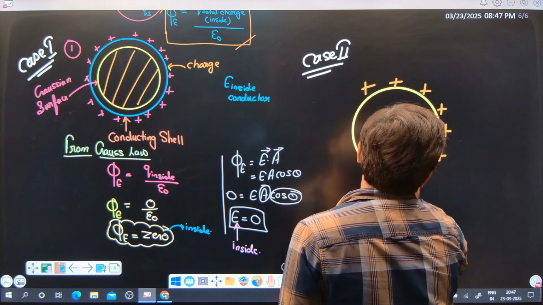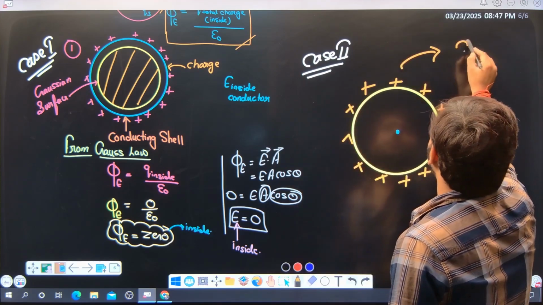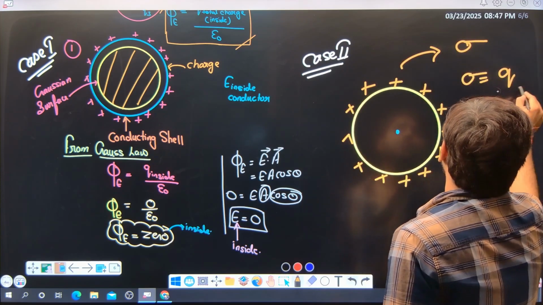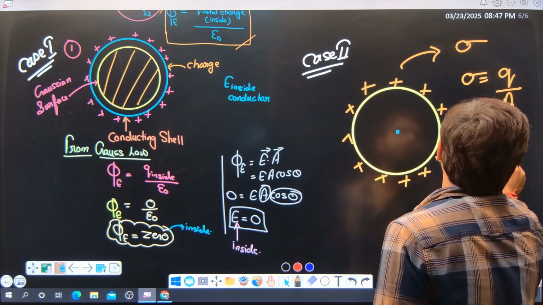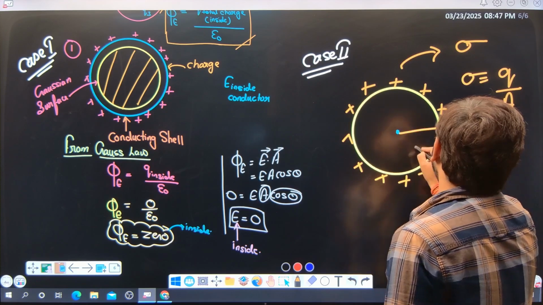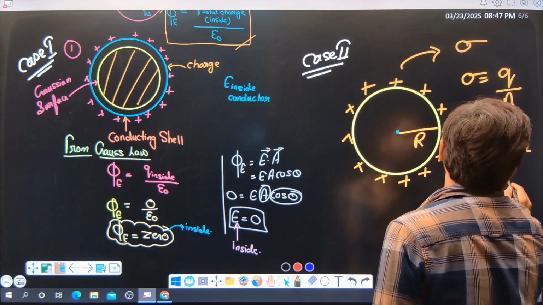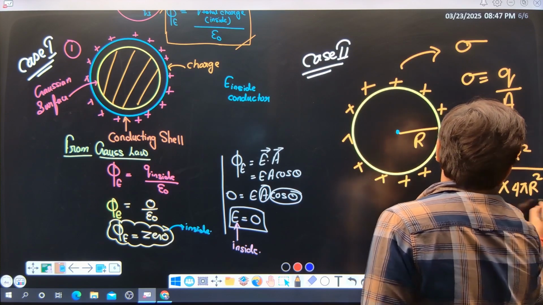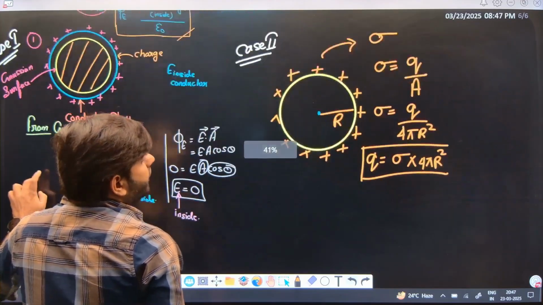Just imagine that all the charge is distributed on the surface, and the surface charge density is sigma. We already know that sigma is total charge by total area, and the area of a sphere is 4 pi r square, if this is radius r. So Q becomes sigma into 4 pi r square. This is the total charge present on a spherical cell.